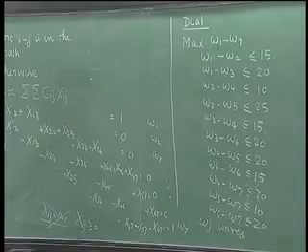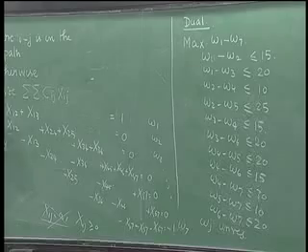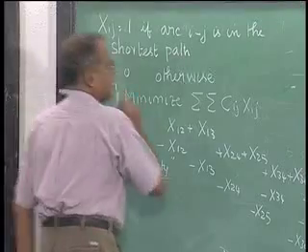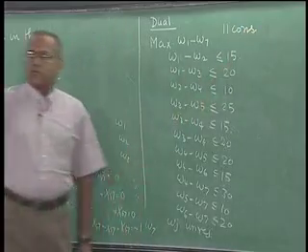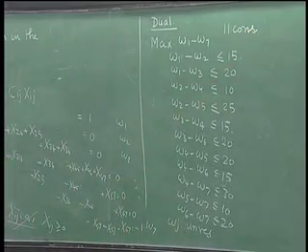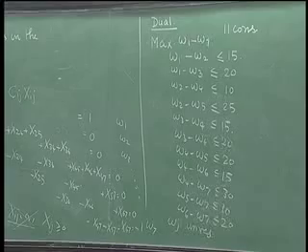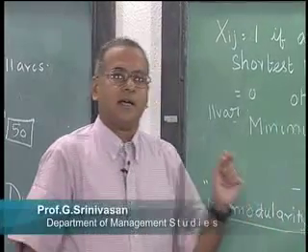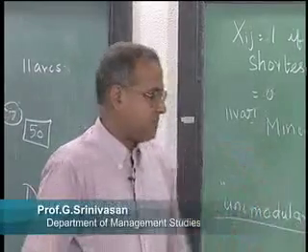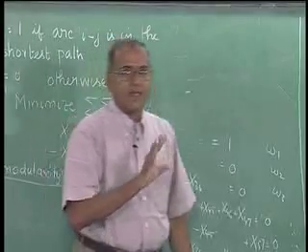So, there are 11 arcs in this network, and there are 11 variables here, and these correspond to 11 constraints in the dual. So, the dual will have as many variables as the number of nodes and as many constraints as the number of arcs, whereas the primal will have as many constraints as the number of nodes and as many variables as the number of arcs.